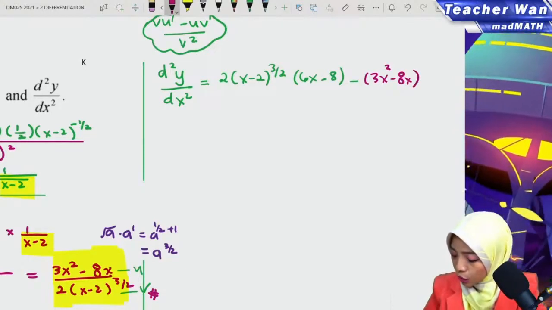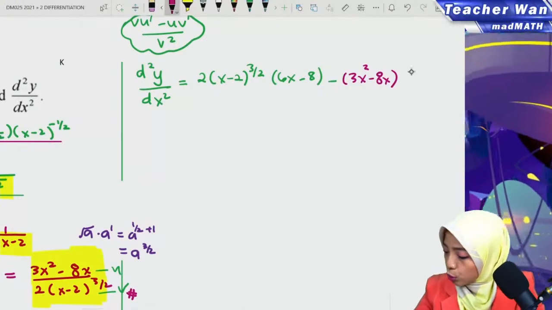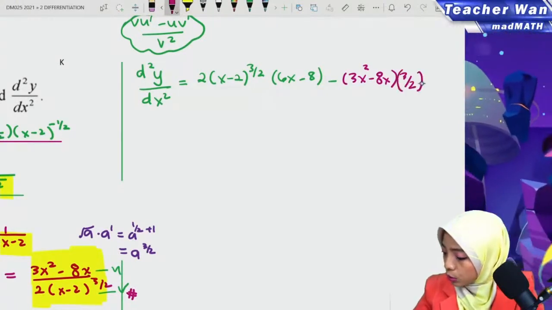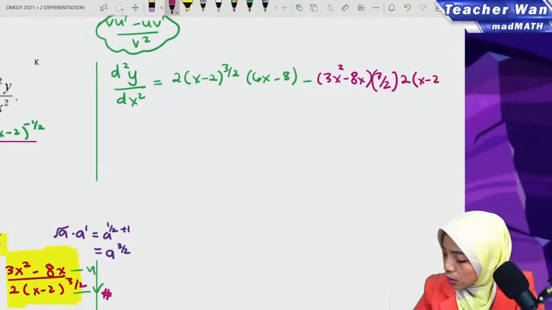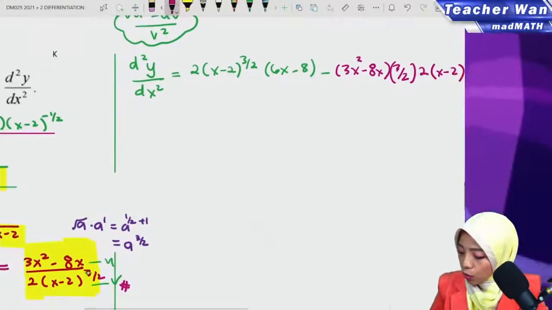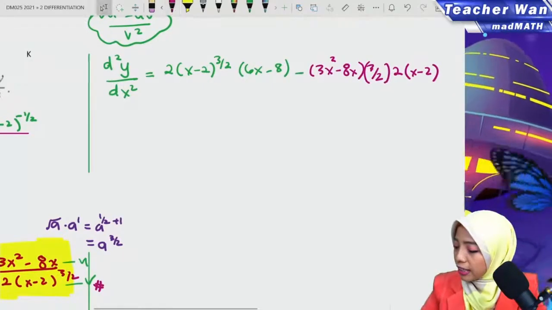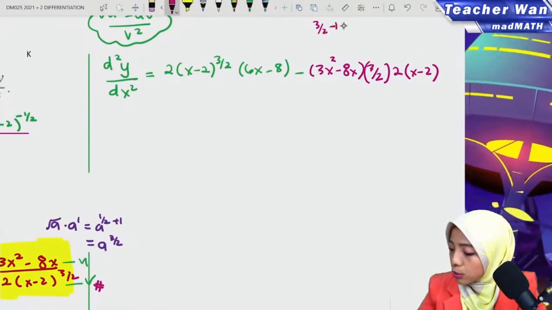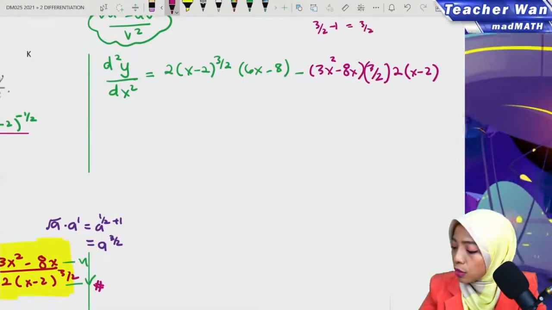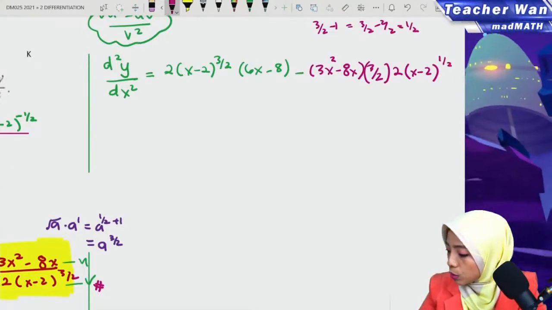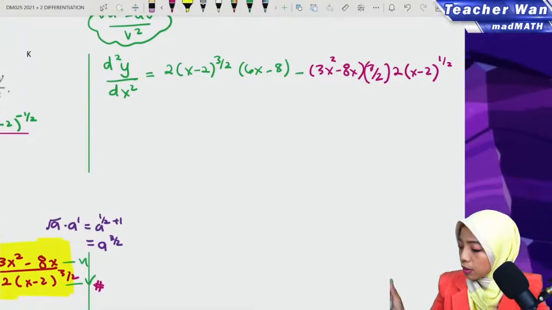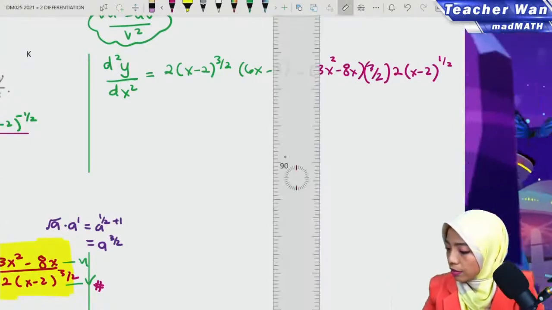Now v is 2 times (x minus 2) to the power of 3 over 2. Don't forget 3 over 2 minus 1, so this is 3 over 2 minus 2 over 2, which is 1 over 2. Now over v squared.